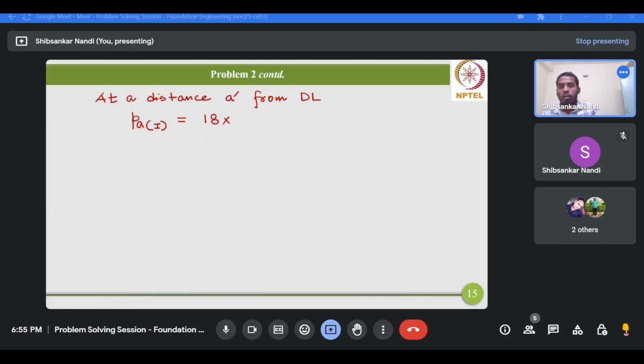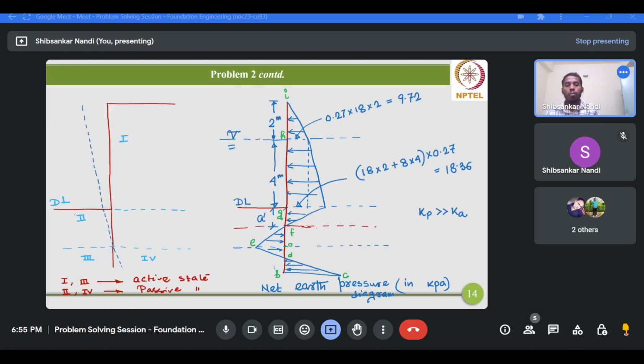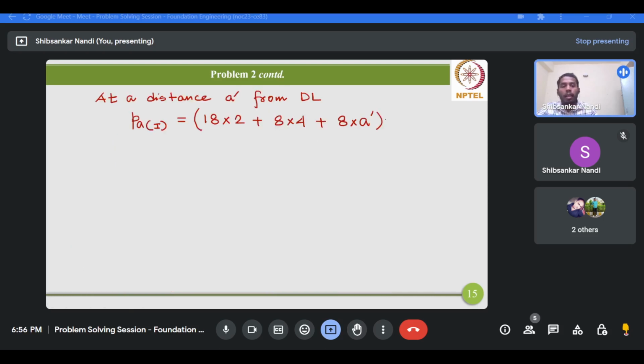18 multiplied by 2 plus 8 multiplied by 4 plus 8 multiplied by A prime. So this is the total effective overburden at this level, which is located at a distance of A prime from the dredge level, and this multiplied by Ka will give you the Pa for region 1.